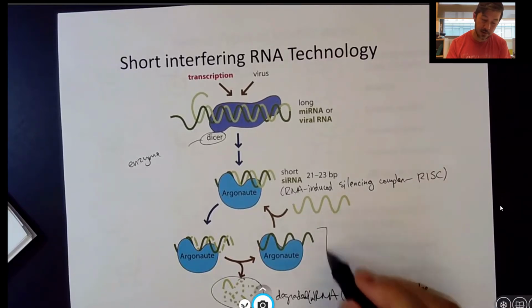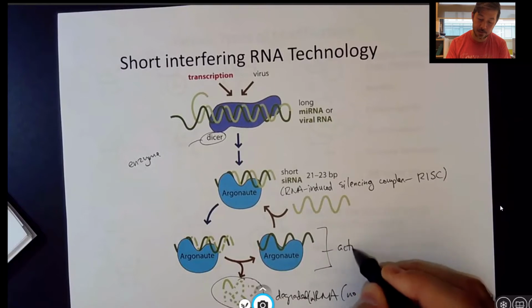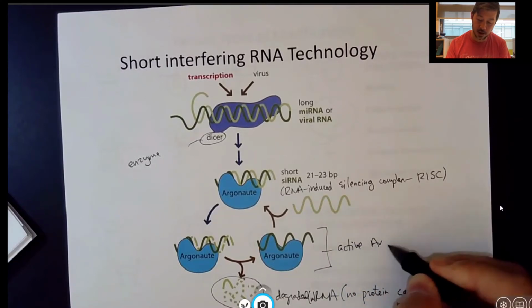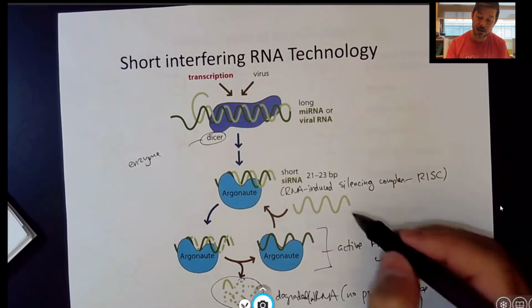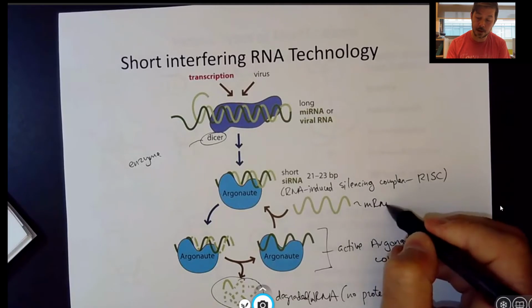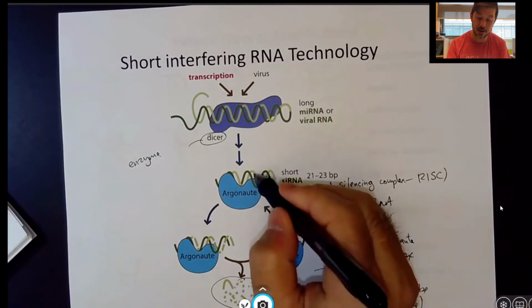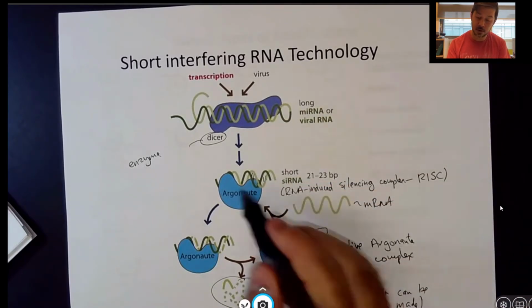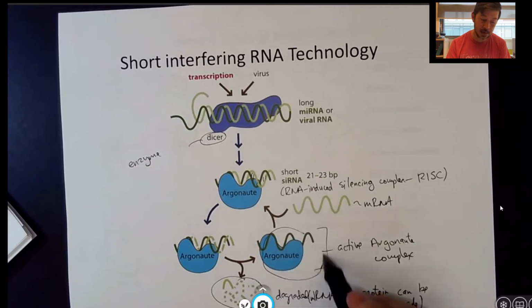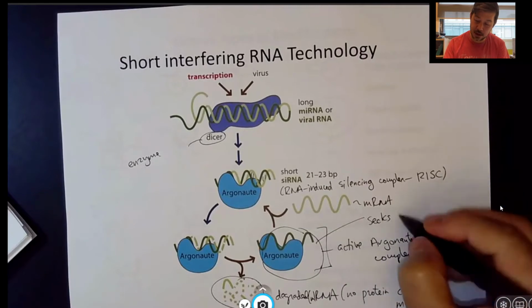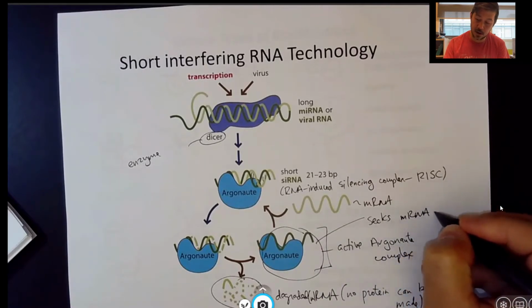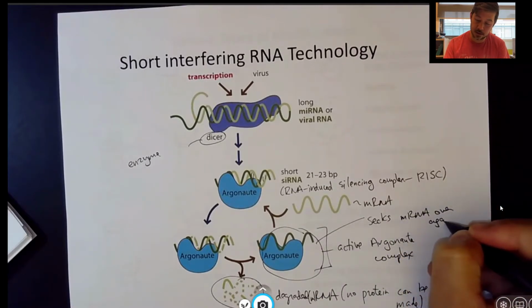And now you have, again, an active Argonaute complex that can now seek out another messenger RNA and target that with base pairing complementarity. So you can think of it sort of like a catalyst a little bit. So it seeks the messenger RNA over again.